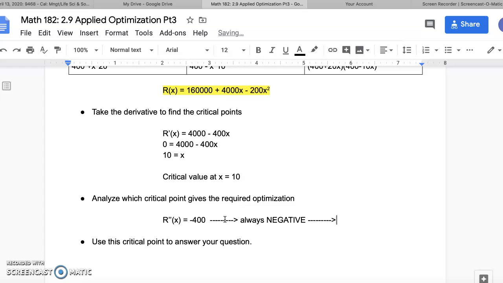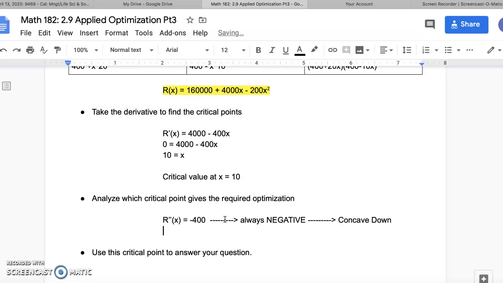And so because it's always a negative result for our second derivative, if you think back to our notes, negative second derivatives for concavity mean that you're concave down. That means you're pointed downwards, which you already knew, and we have a local maximum. And now we know the value. X equals 10 will be a local maximum.